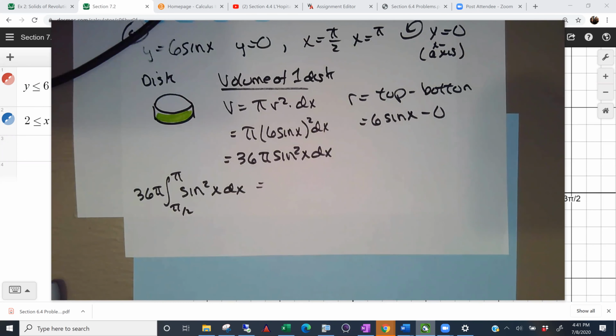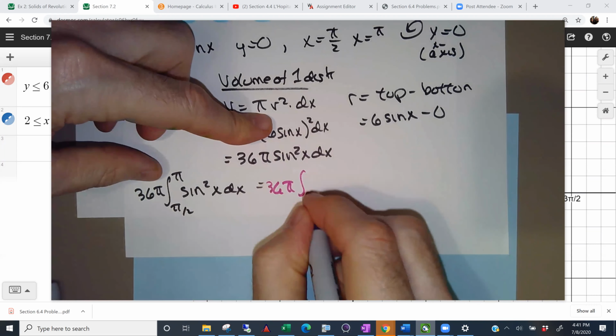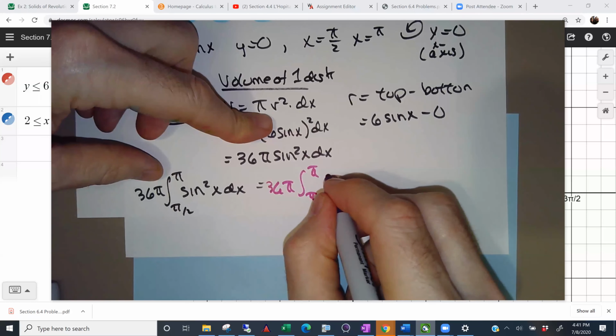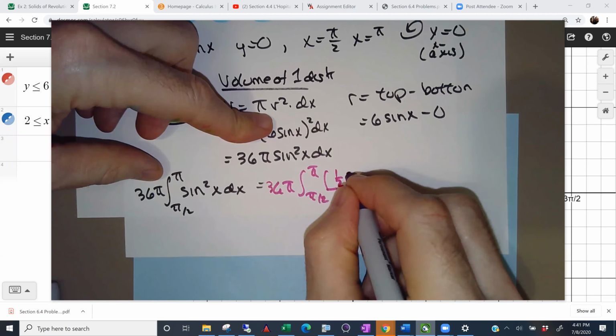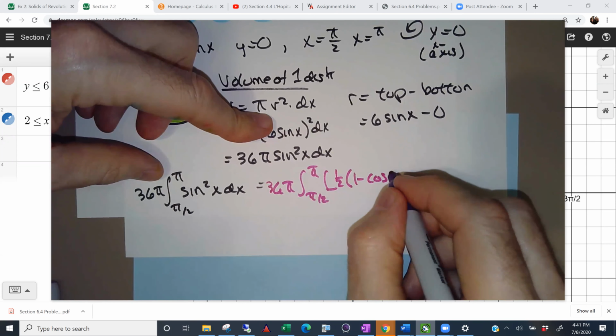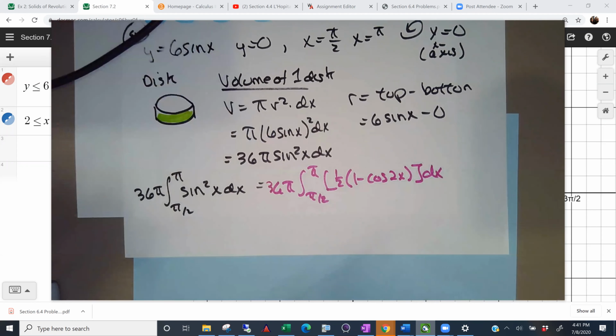That's going to be 36 pi times the integral from pi over 2 to pi of 1/2 times 1 minus cosine of 2x dx.